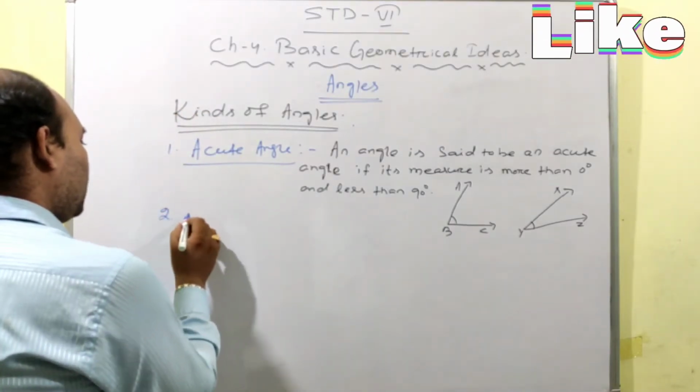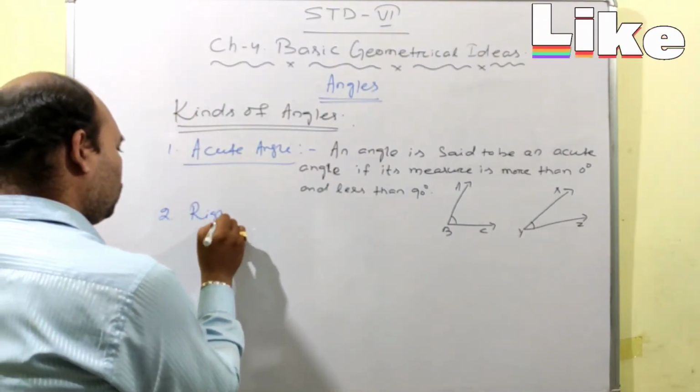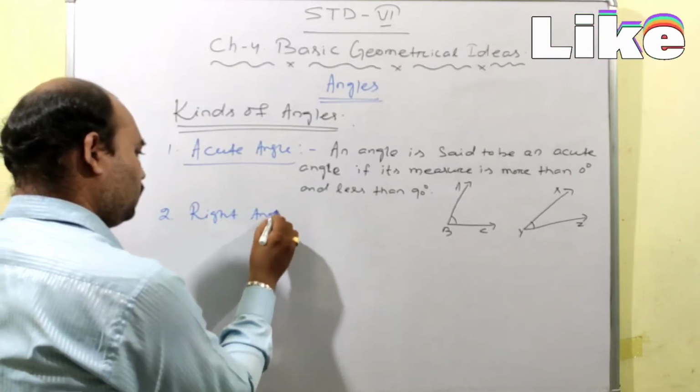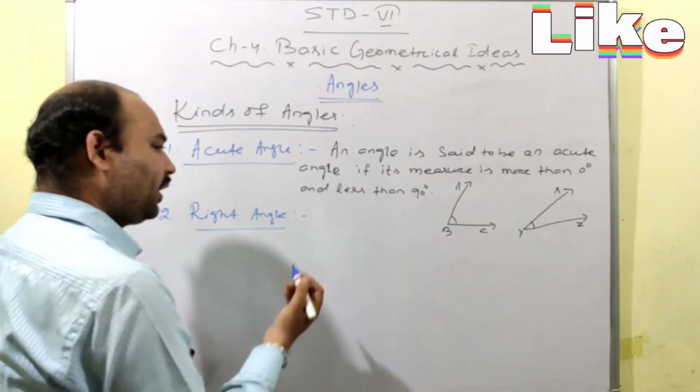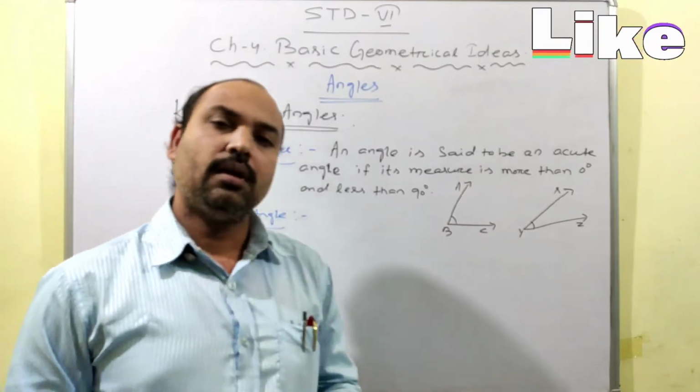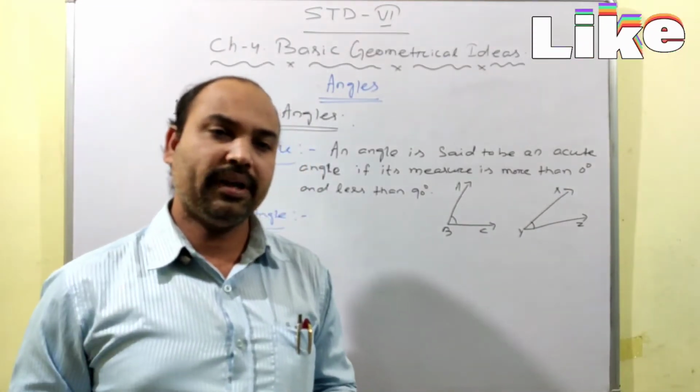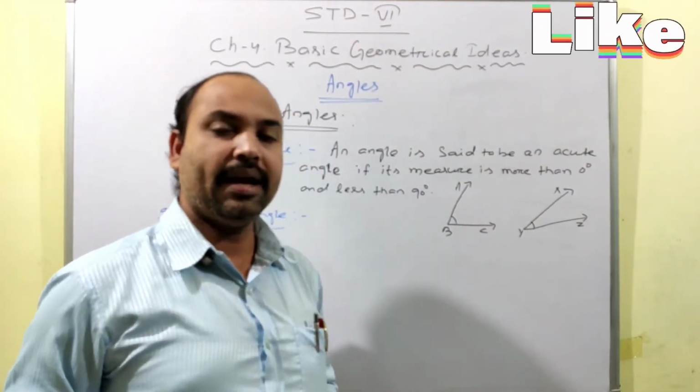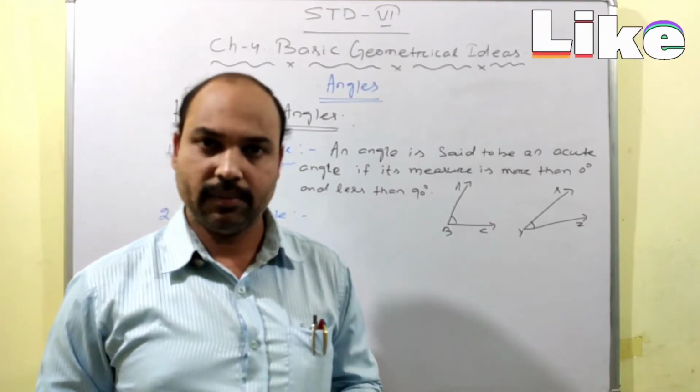Number 2, right angle. So what is called a right angle? It means an angle whose measurement is exactly 90 degrees, that is known as your right angle. Okay?